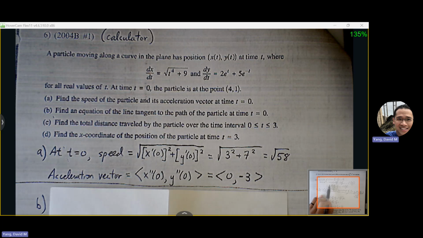This is a calculator question, so when you get to the acceleration vector, you can just do math 8 on both dx/dt and dy/dt and get those horizontal and vertical component values of your acceleration. Okay, part B, find the equation of the tangent line.